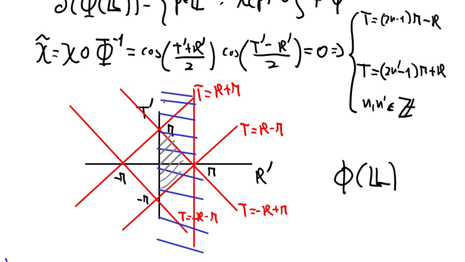I am choosing this set just for simplicity, but I could have chosen any other set. So this open set here will correspond to the image under our conformal embedding, and I indicate it in that fashion.